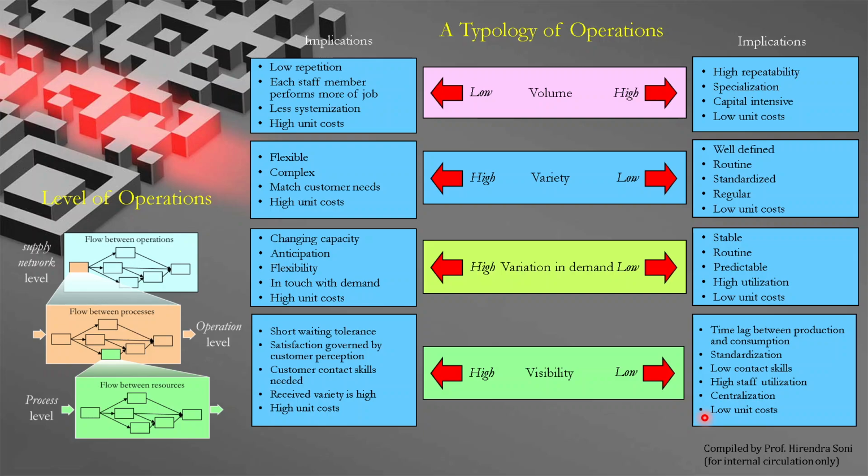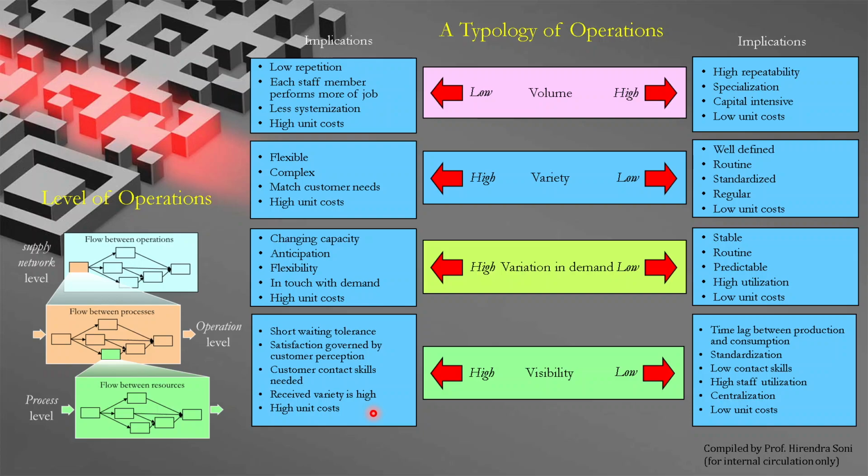When we talk about transparency or visibility across the processes, there the waiting tolerance would be very less. Satisfaction would be governed by the customer's perception. Customer contact skills are very much required, received variety is higher, and per unit cost will automatically be higher.